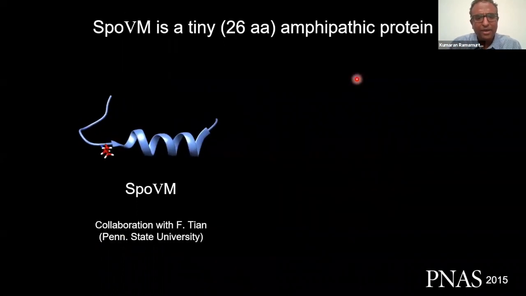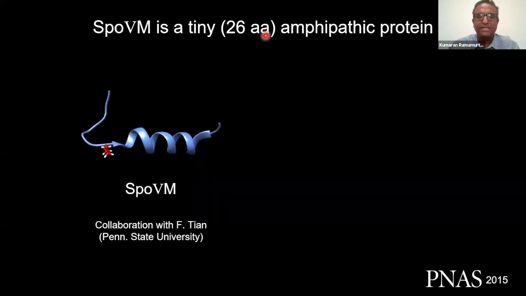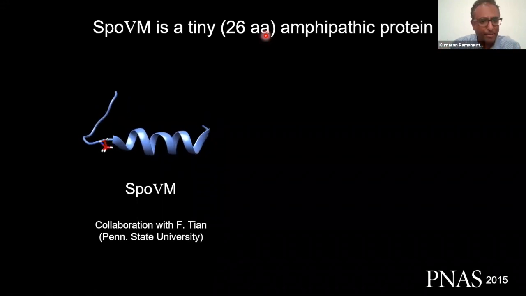So a few years ago, we solved the protein structure of SpoVM. What I should point out to you is that SpoVM is very unusual. It's a tiny, tiny little protein. It's only 26 amino acids long, and it's an amphipathic protein that embeds into the membrane.